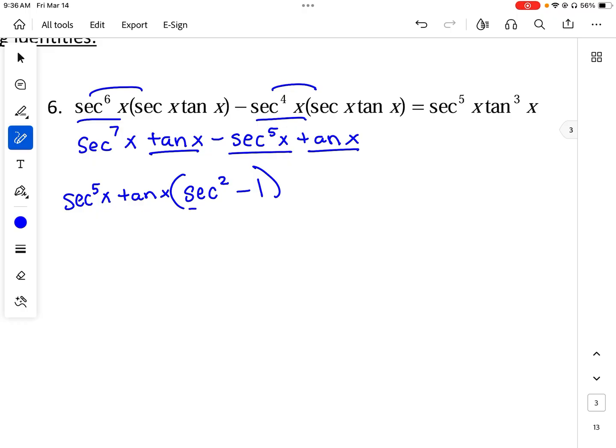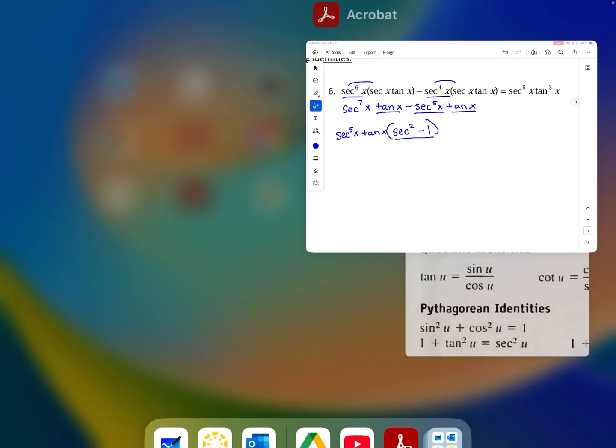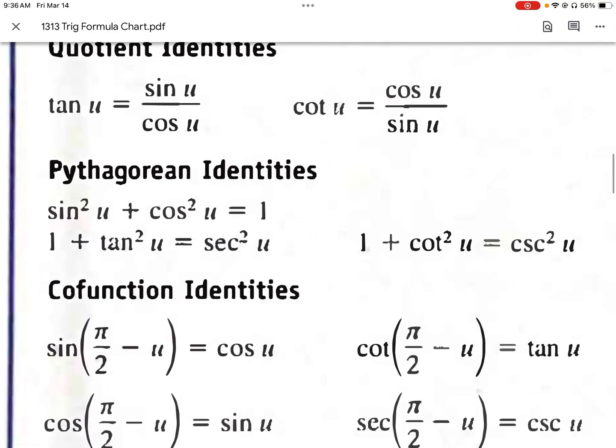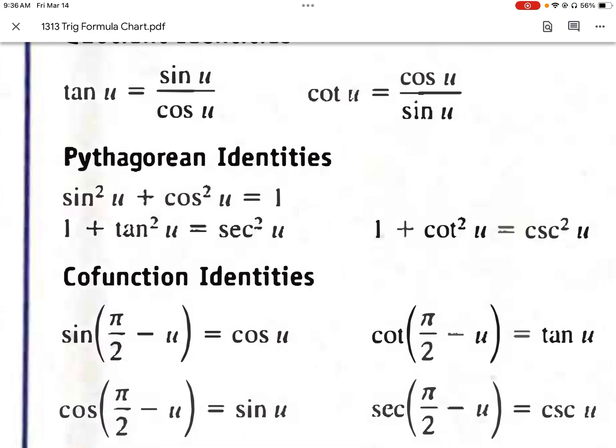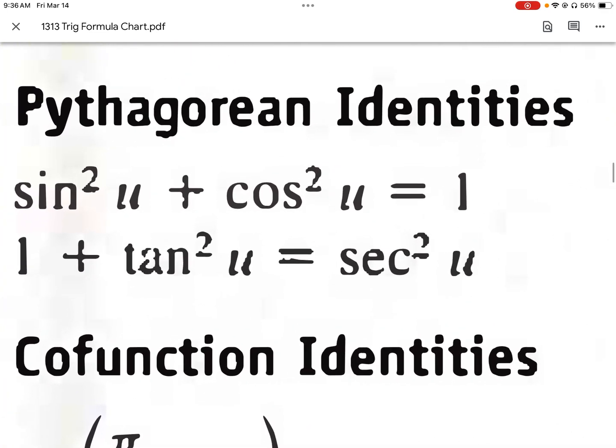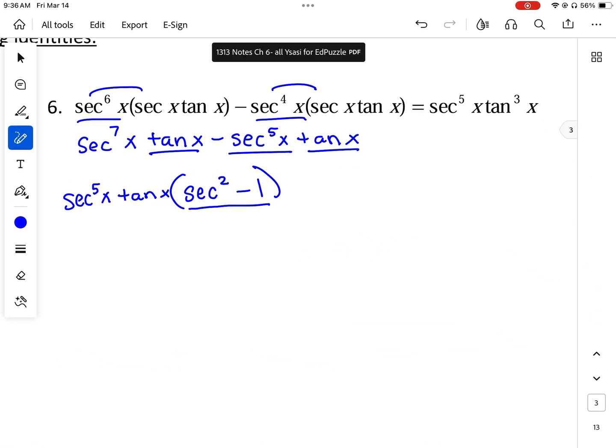Okay. So let's see if there's anything I can do. I'm going to look inside here because this kind of reminds me of the Pythagorean identity. So let's look and see. And it is, if I subtract 1 on both sides of the second one right here, then I would get tan squared equals secant squared minus 1. So I can replace the secant squared minus 1 with tan squared. So that's what I'm going to do.